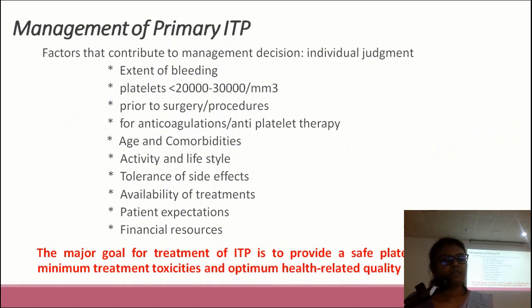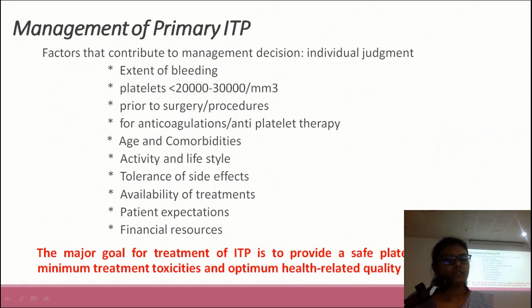Otherwise, if the platelet count is less than 20 to 30,000, we start treatment. And for other patients, if any risk of bleeding such as prior to surgery or procedures, for anticoagulation, antiplatelet treatment, we should achieve the target platelet count for these procedures and treatments.